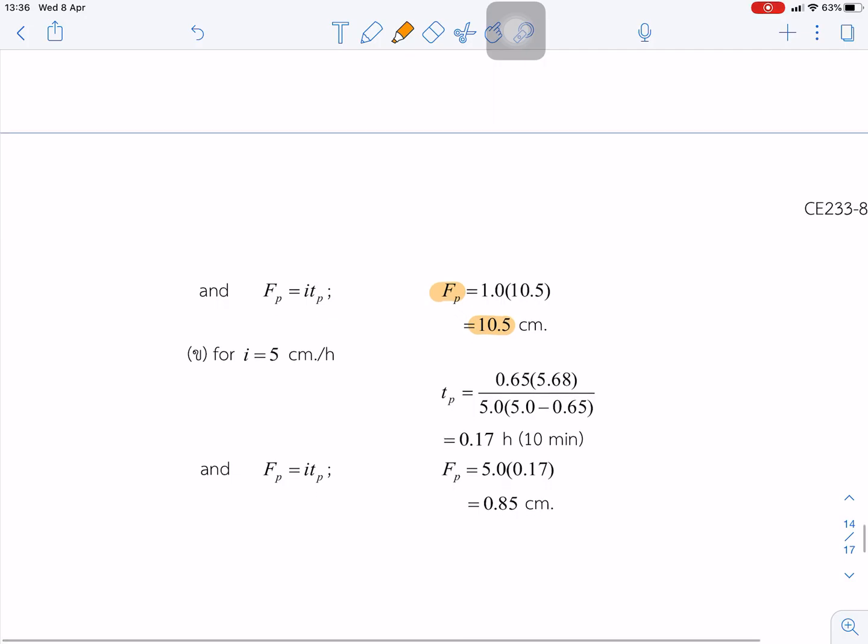But if the rainfall increased to 5 centimeters per hour, ponding time is smaller, 0.17 hour, and accumulated depth is 0.85 centimeter.